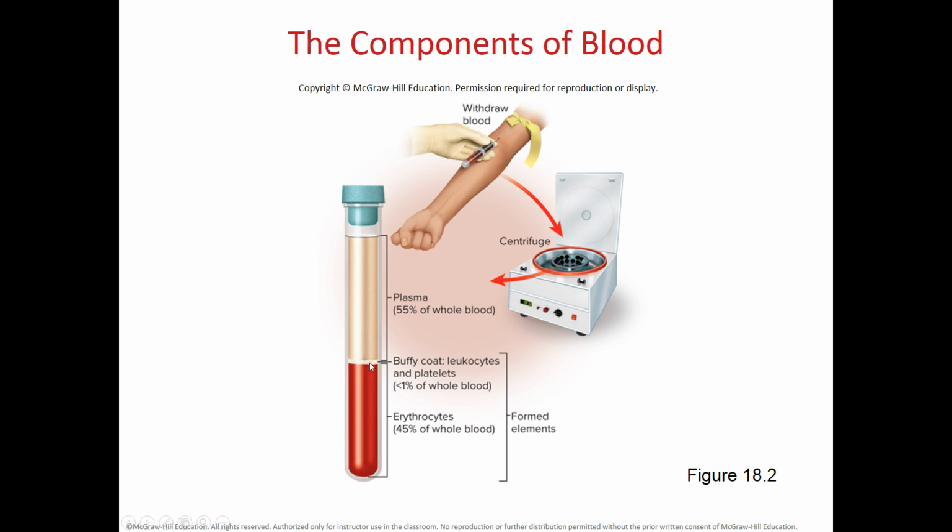Then you will have this buffy coat, which is made out of the leukocytes and the platelets, and on the top you will have this liquid, which is the plasma. And here are the percentages for each of these: 45% for erythrocytes, 1% for platelets and leukocytes, and all of these together will make the form elements, and 55% will make the plasma.